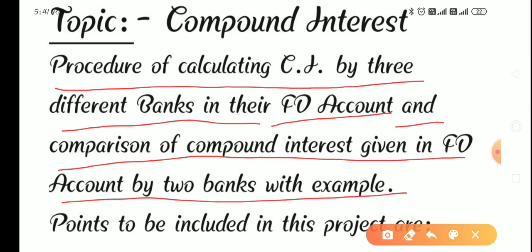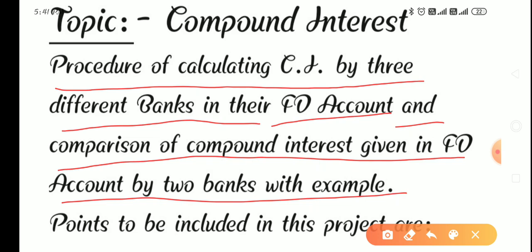You have to see the procedure of calculating compound interest by 3 different banks. You can go to 3 different banks and ask the bank manager what is the procedure of calculating compound interest in the FD account.